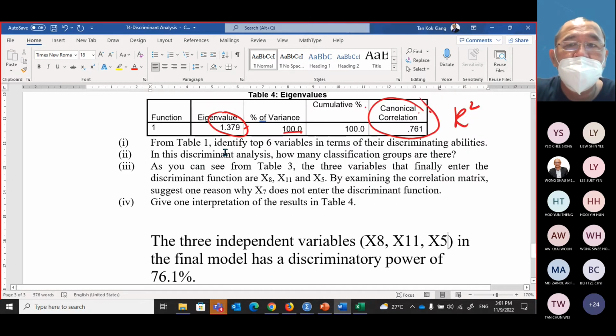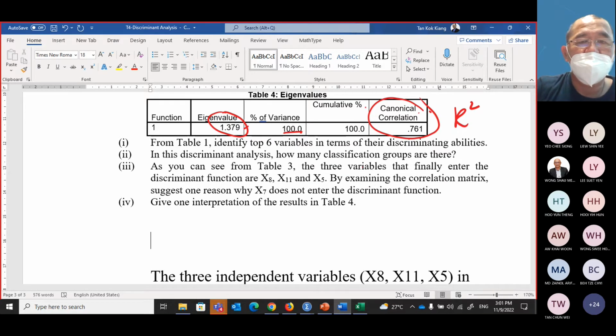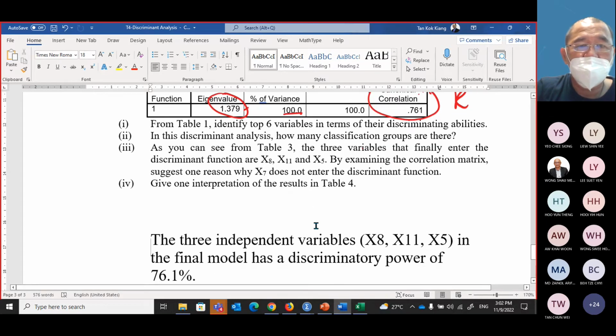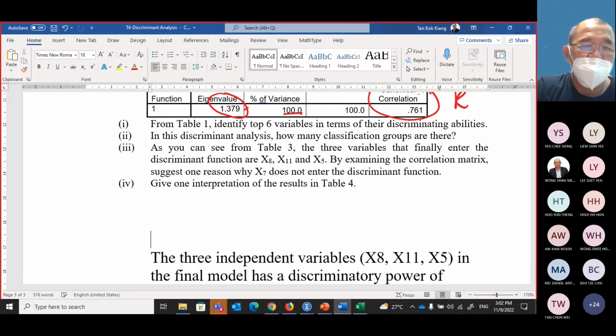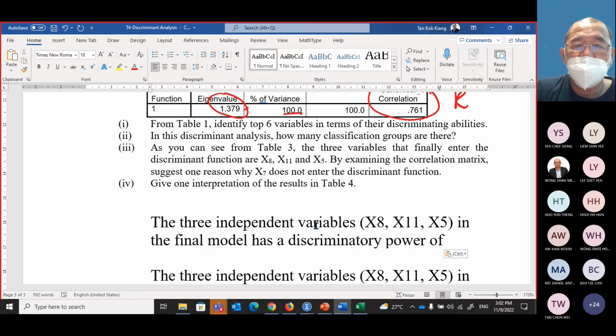Here actually there is another interpretation, which is the eigenvalue. Eigenvalue would be more general. For this model, you can just say the model has this power.